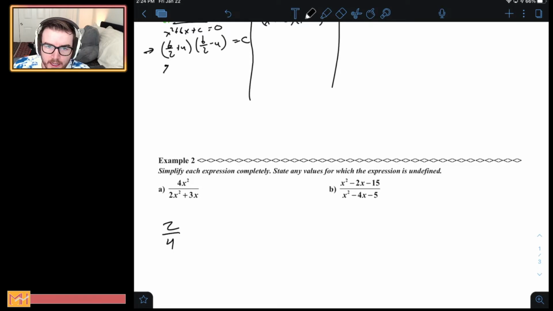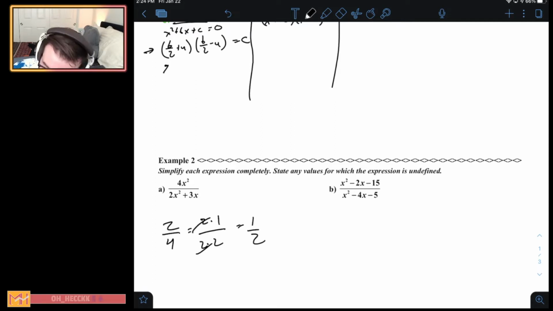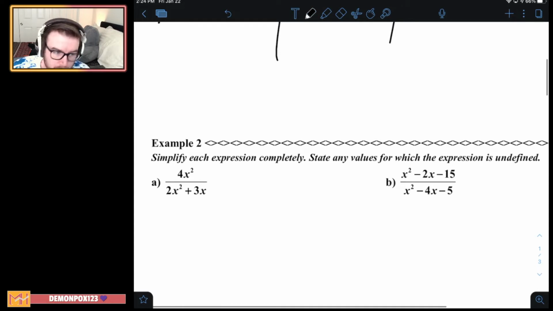How do you simplify or reduce that fraction? You would say, well, they're both divisible by 2, right? 2 is 2 times 1, and 4 is 2 times 2, so the 2's cancel, and we're left with a half. We're thinking something very similar here, except with these rational expressions.